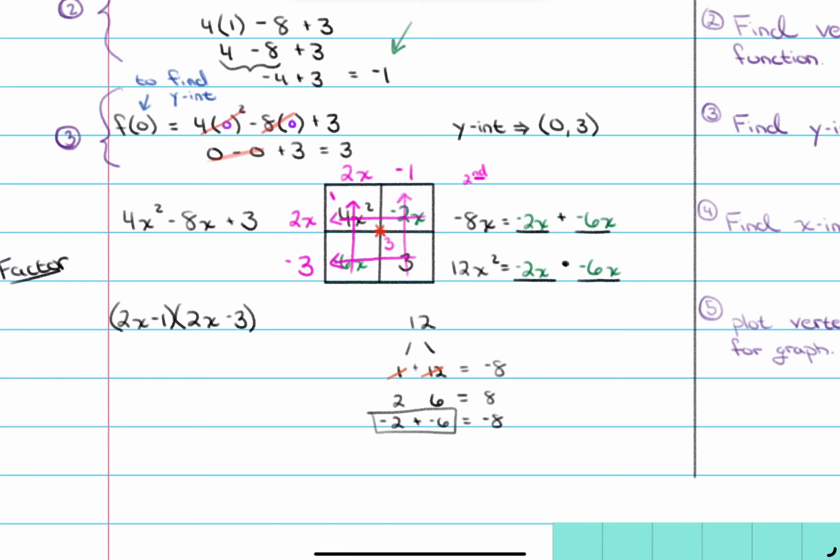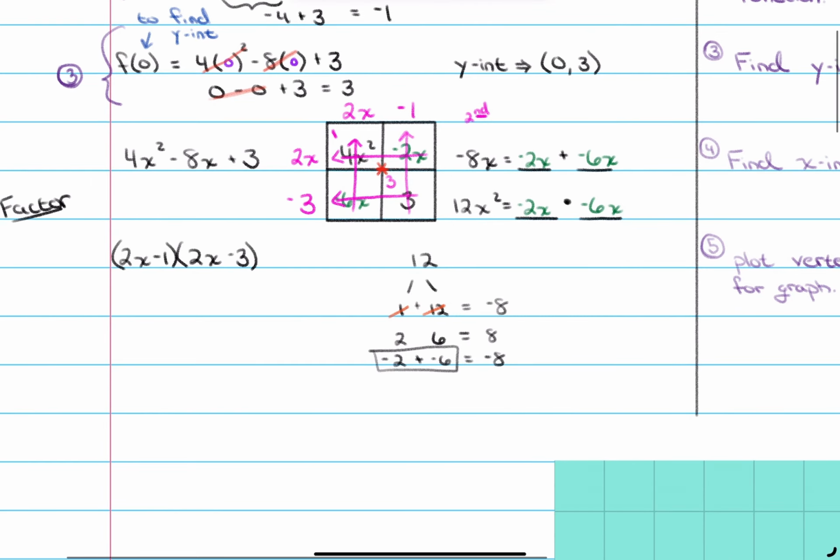This is how you would factor the quadratic we were given. I'm going to set these equal to 0, so 2x minus 1 equals 0, and solve. So I will add 1 to both sides when I solve.